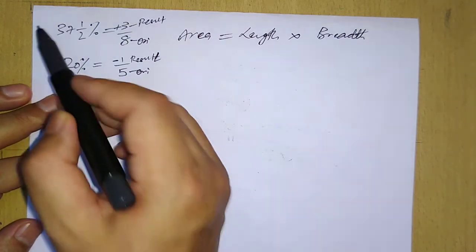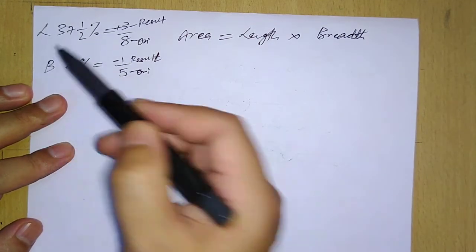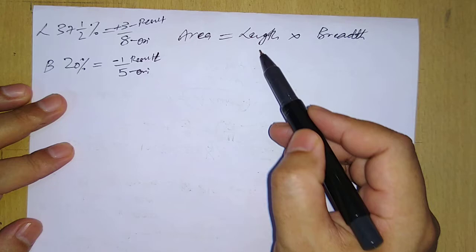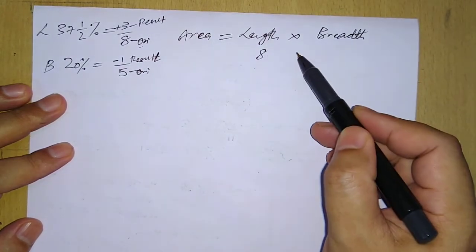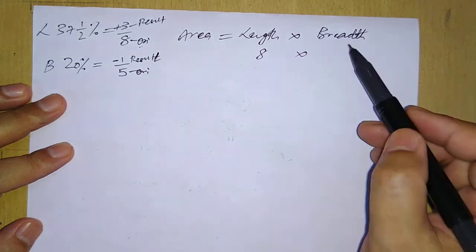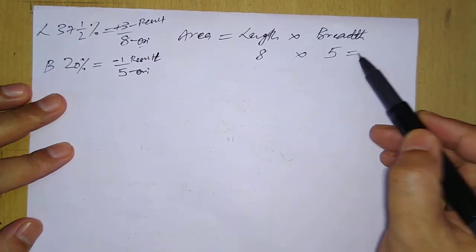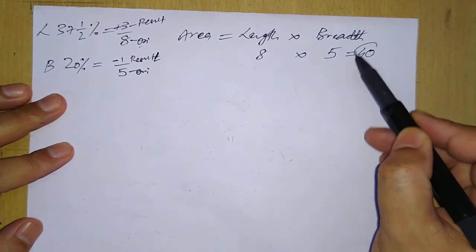In this question, this is the length and this is the breadth. So the original length is 8 and the original breadth is 5. Now the original area is how much? 40.